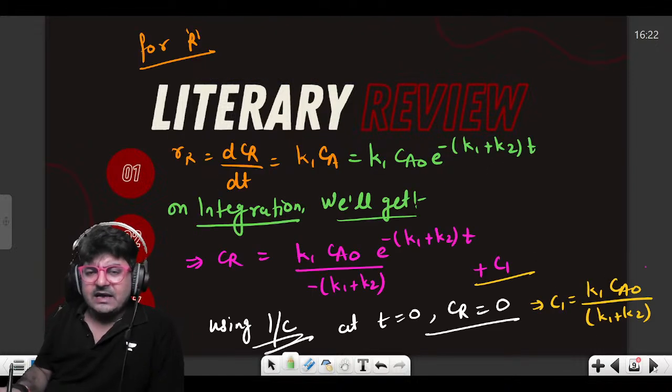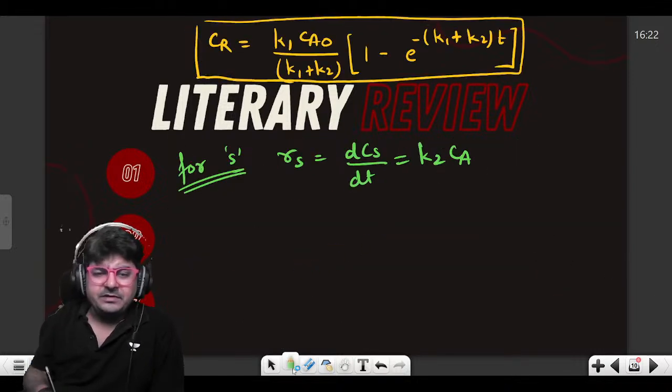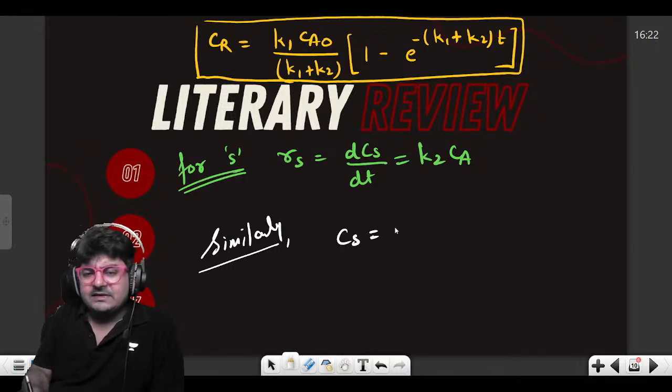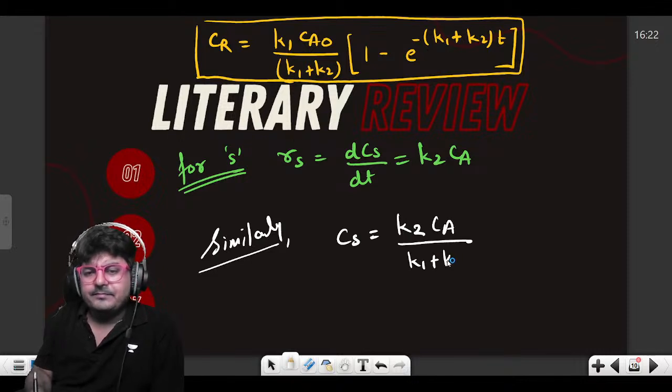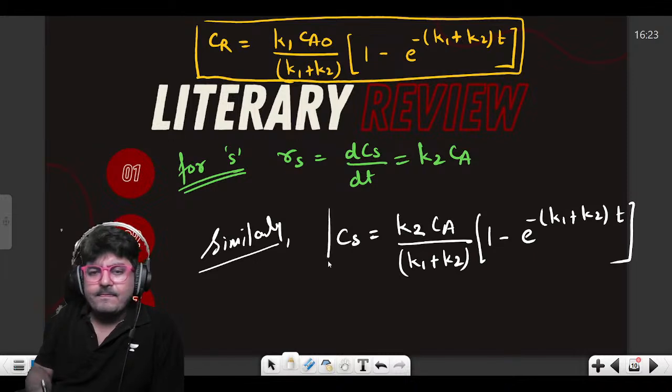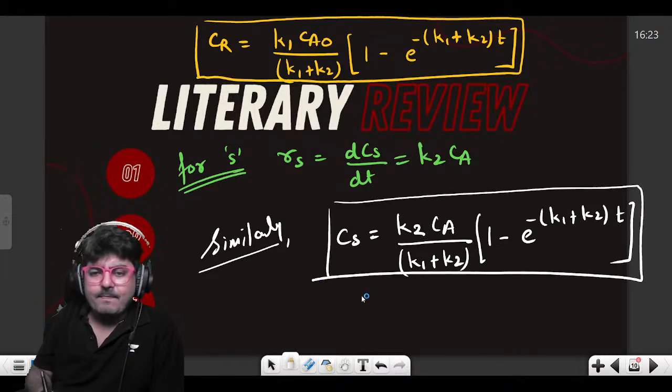So you can see in Cr and Cs only K1, K2 is different. So here, when you will solve, you are supposed to get Cs is equal to, just replace K1 by K2. See how easy it is.